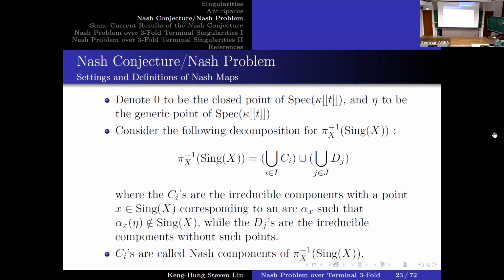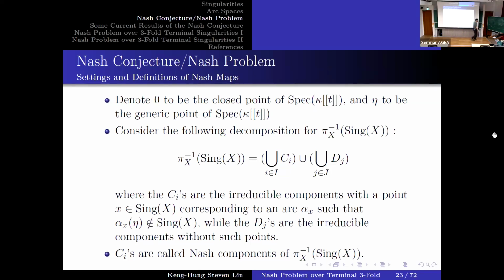Yeah, but besides this, other parts of α(t) do not contain the singular locus of X, right? So this is our intuition of an arc based on the singular locus of X. Okay, so we collect all such arcs. This will form the union C1 to Cn.